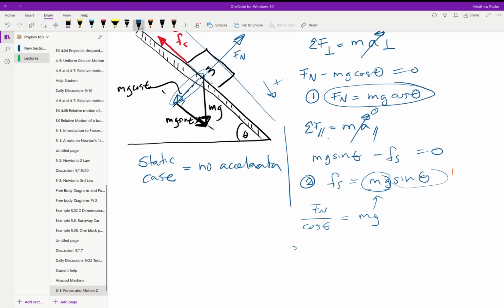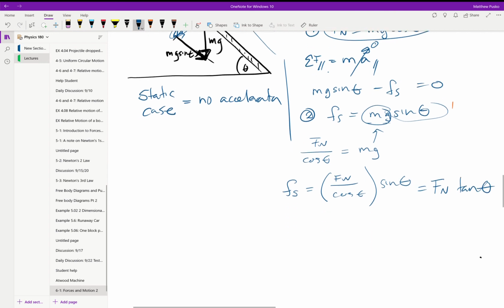And that's going to give me the static friction being equal to the normal force over the cosine of theta times the sine of theta. And the sine of theta over the cosine of theta is equal to the tangent of theta. So we just get the normal force times the tangent of theta.